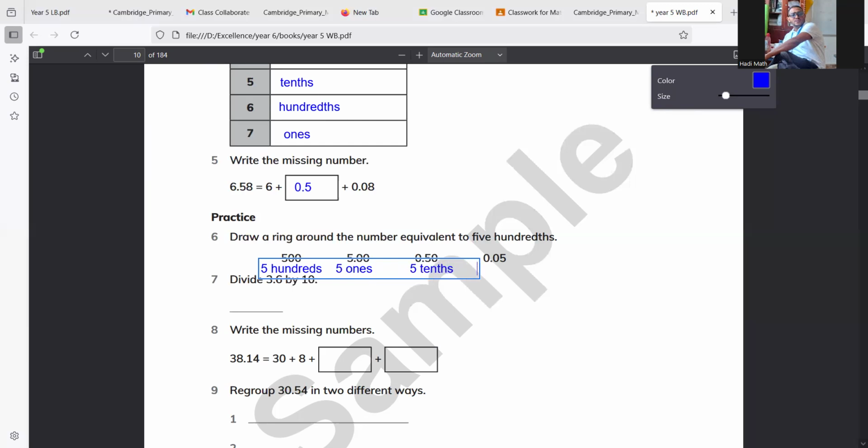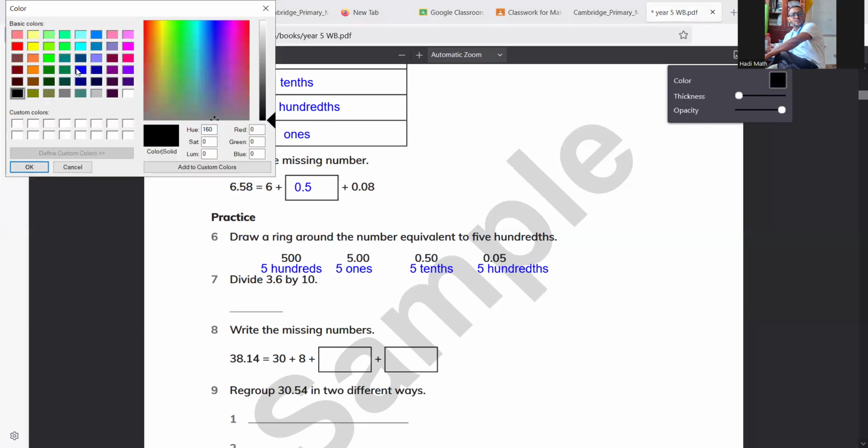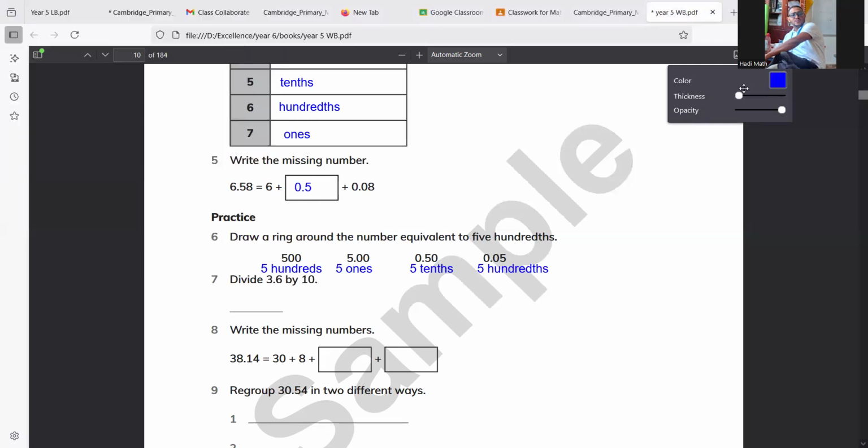And this one, it is 5 hundredths. So you draw a ring around which one of them? They say the one that is equivalent to 5 hundredths. So you draw a ring around the 5 hundredths, which is the last one of your choice. This one here. You draw a ring around it.